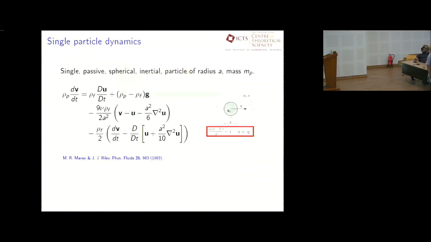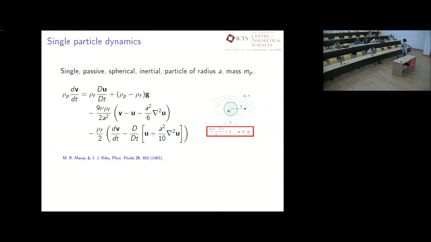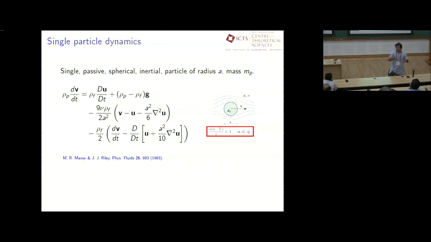All right. Since I'm a theorist and we would like to do a theory for this sort of problem, the first thing is, can we write down an equation of motion for a single spherical particle in a flow? This is work from a few decades ago by Maxey and Riley, where they looked at all the forces acting on a little sphere of radius a under certain suitable assumptions, but don't worry about them for the moment.